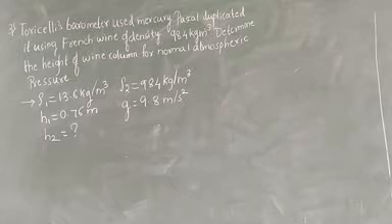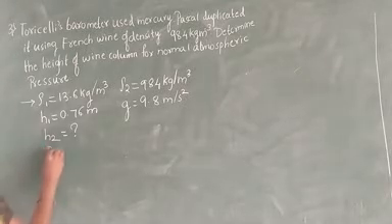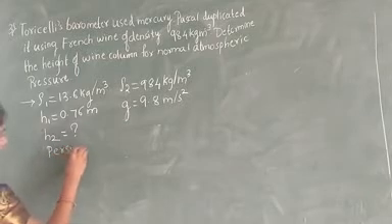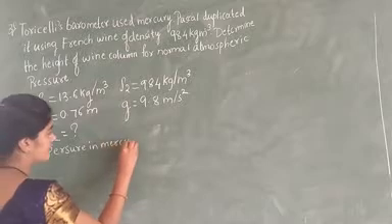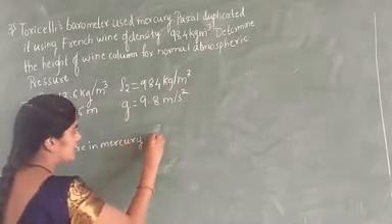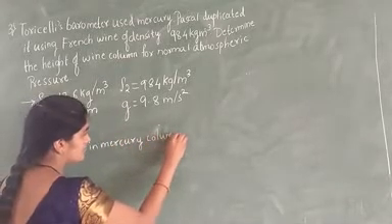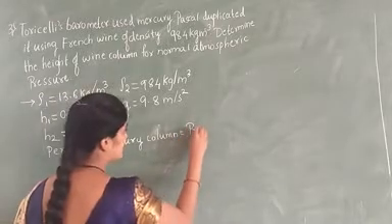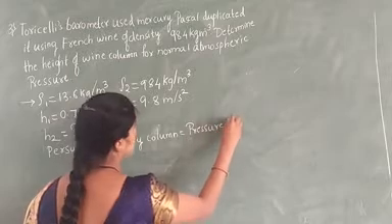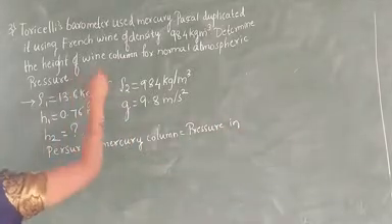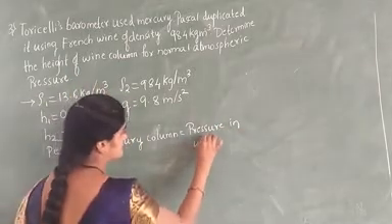Now according to this we can tell that the pressure in the mercury column is equal to the pressure in the wine column.